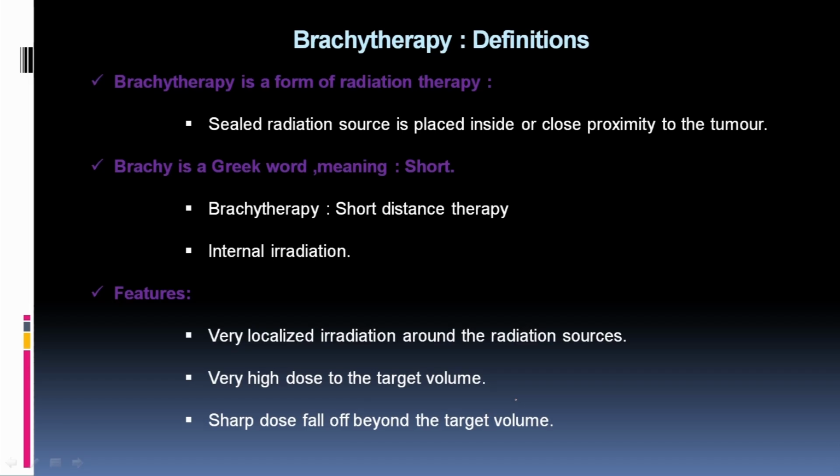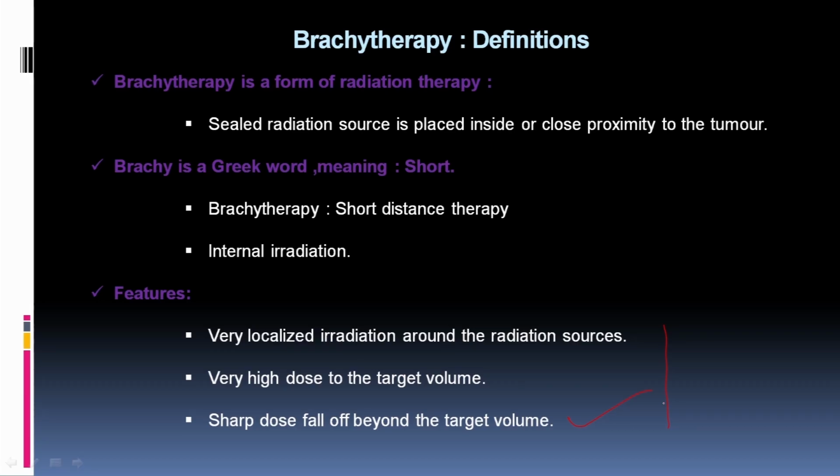So, the dose rate, the dose of exposure, will decrease very rapidly as we travel away from the source. This is the cause of the very sharp dose fall off beyond the target volume. So, these three features are very attractive for the treatment of malignant disease in the radiation oncology department.